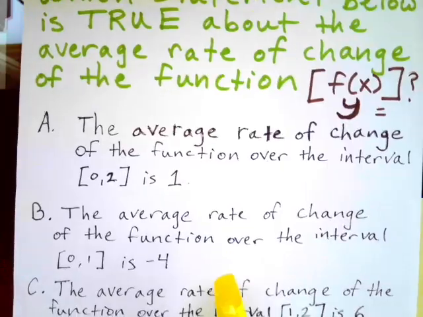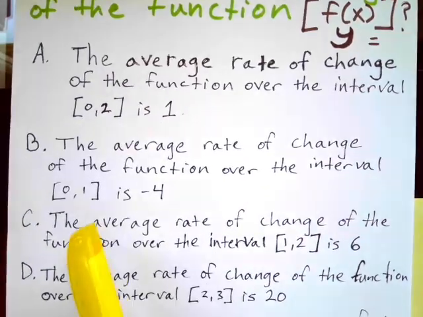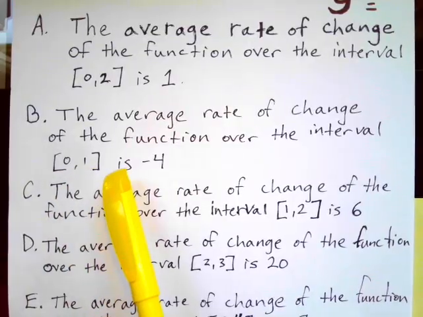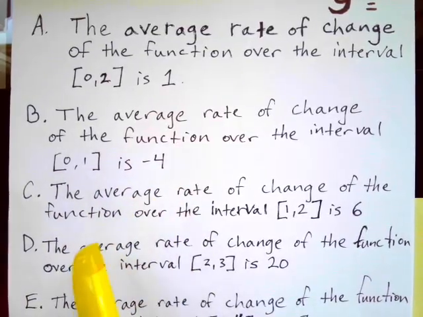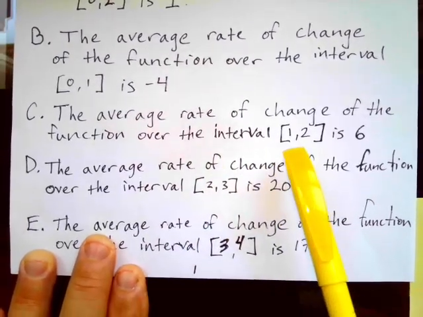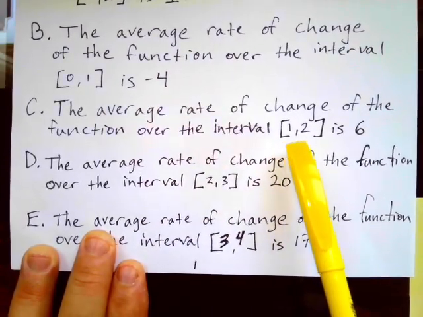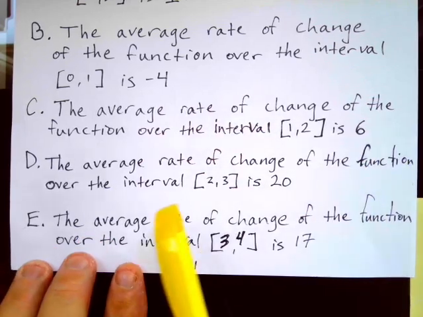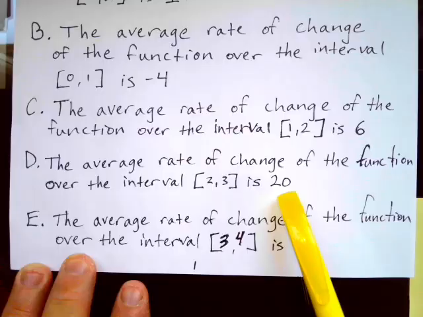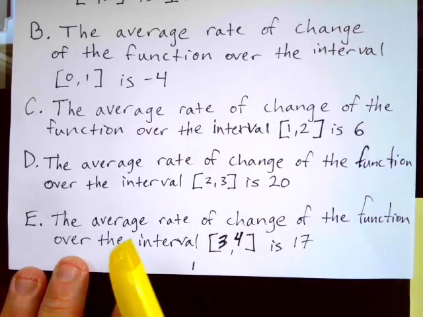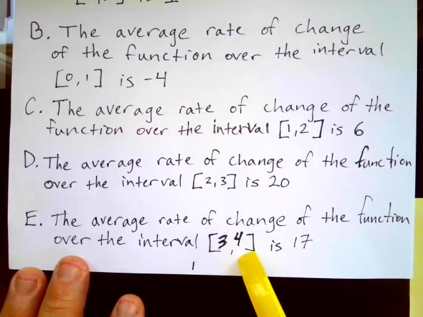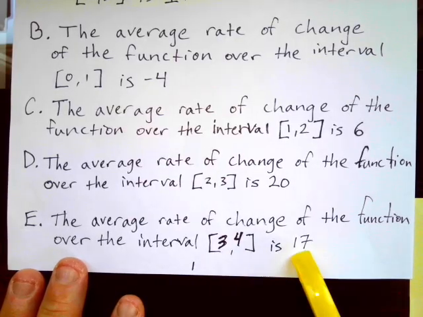And then for B, it's the exact same sentence. For values in the bracket, [0, 1] is -4. For C, it's the same sentence, but inside the brackets you have [1, 2] is 6. For D, [2, 3] inside the brackets is 20. And E, values inside the brackets are [3, 4], is 17.